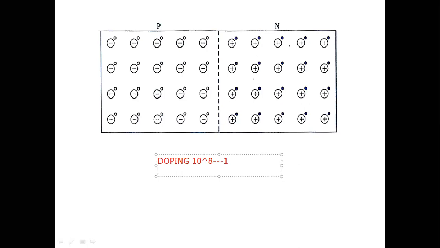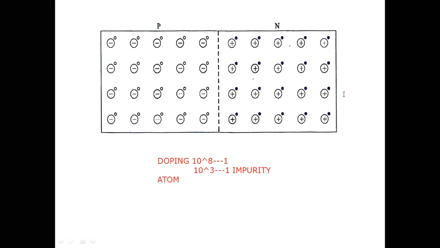But here in Zener diode, what I will do is for 10 power 3 atoms, I am going to add one impurity atom. Okay, so this is what I am doing here now in Zener diode.